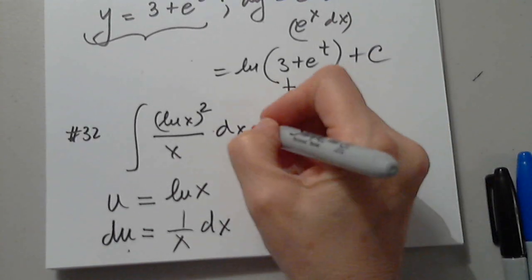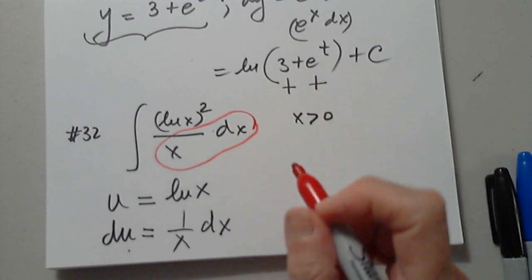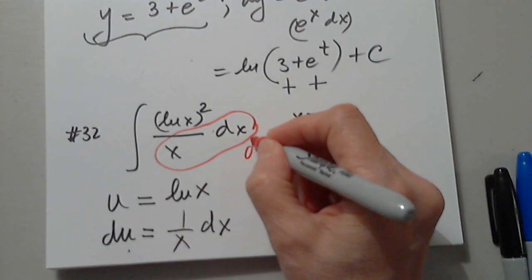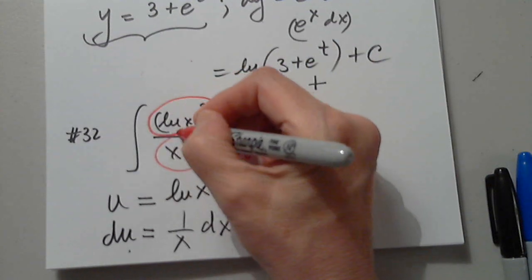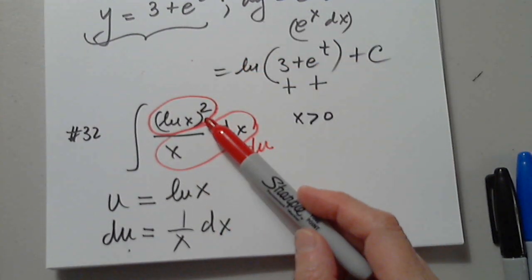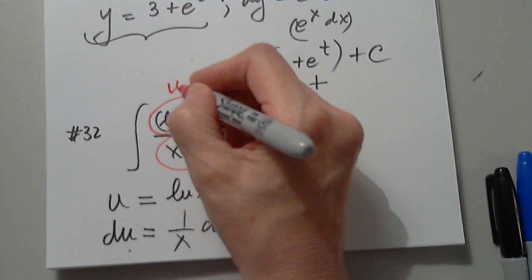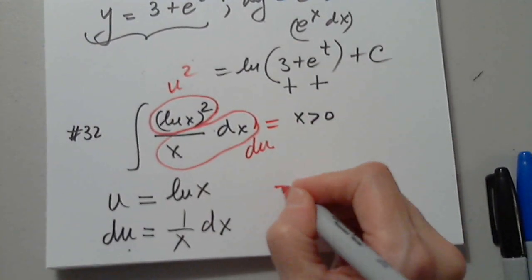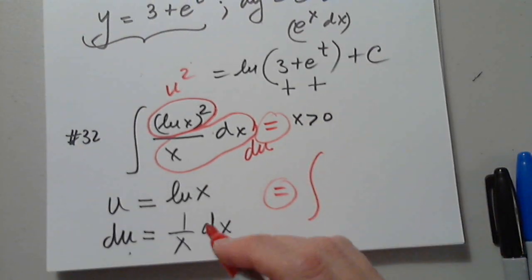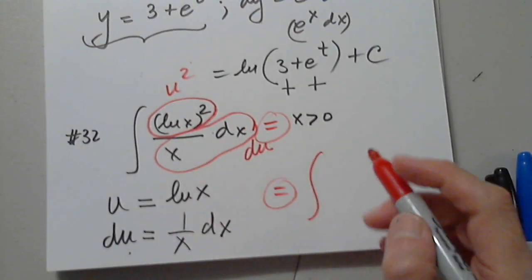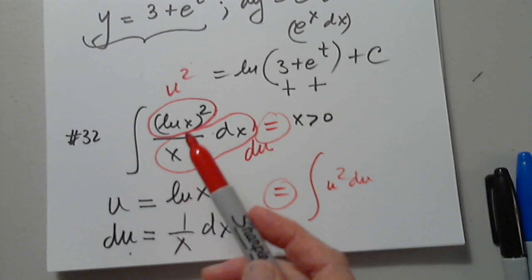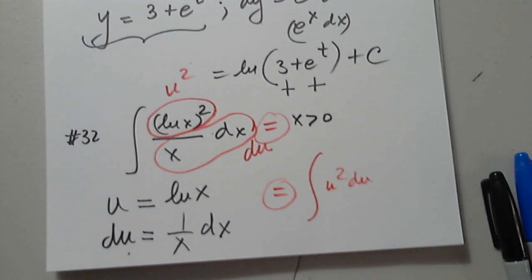Here it is. dx times 1 over x. That's my du. And what is this? u squared. That's it. So therefore, I continue here. I have the integral of u squared du. Much more user-friendly than what I had before.